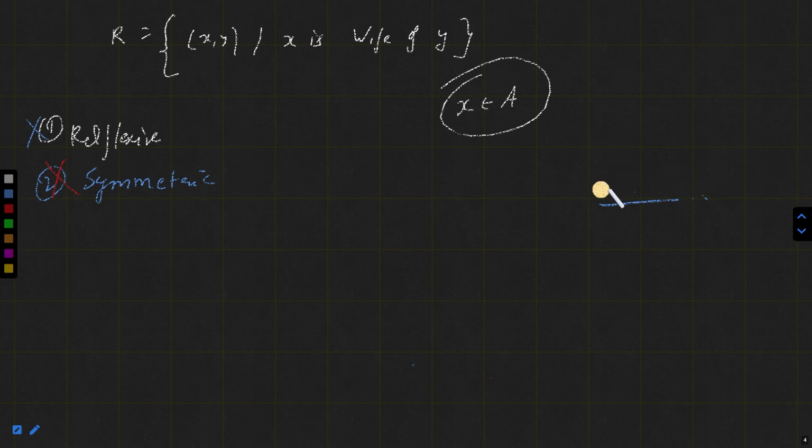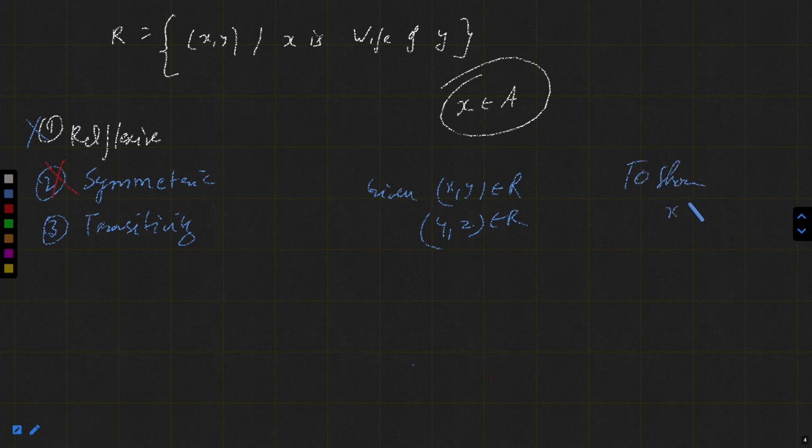For transitivity, given that (x, y) belongs to R and (y, z) belongs to R, we need to show that (x, z) belongs to R. From (x, y) belonging to R, this means x is the wife of y, so y is the husband. And the other piece of information says y is the wife of z.